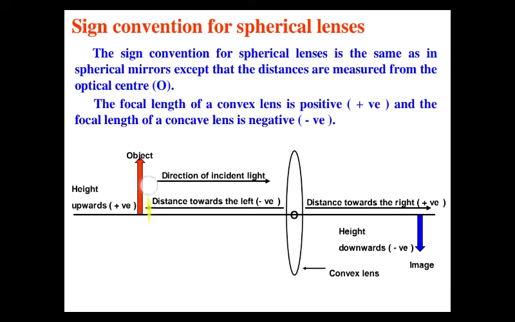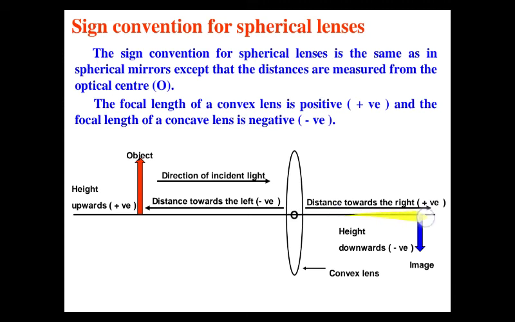If the object is placed here, then according to the rule, all the distances are measured from the optical center, and the distances which are in the same direction from the optical center to the object are taken as positive, and if the direction is measured from the opposite side, then we will take its sign as negative. This is the direction of incident light, and we are measuring the distance of this object from this side, so it is reverse of the direction of light, so it is negative.